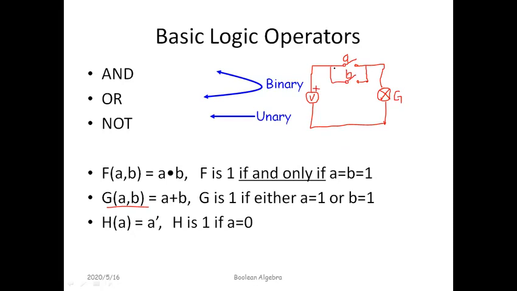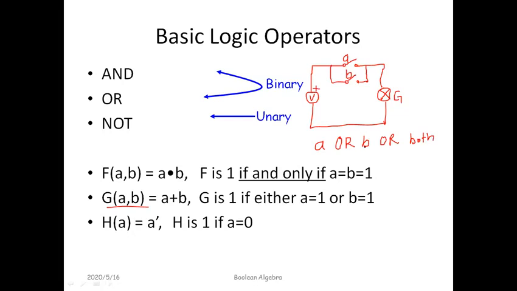From our knowledge of circuits, we can tell that the lamp G will come on when either switch A or switch B or both switches are closed.